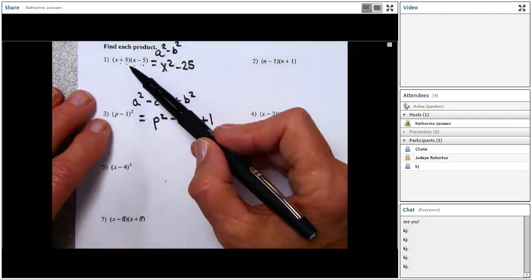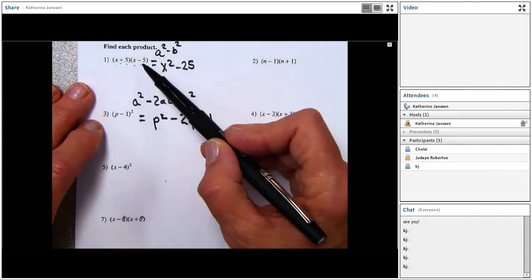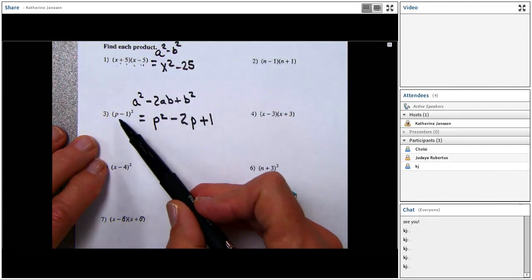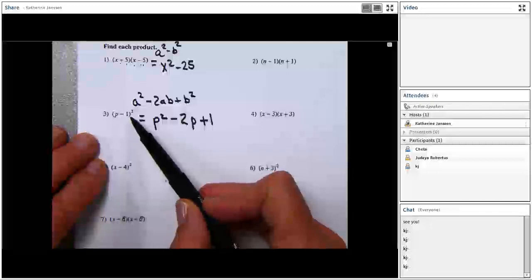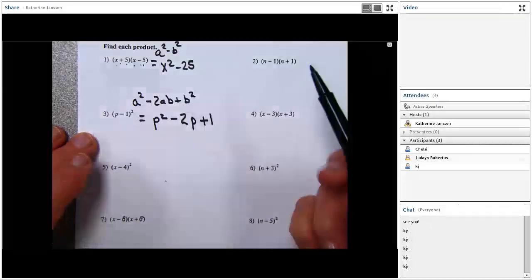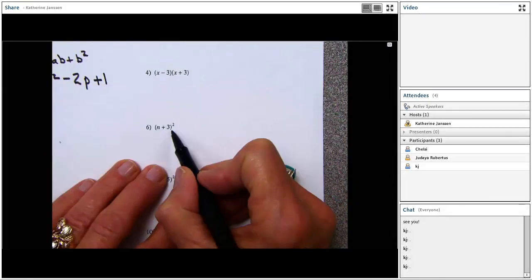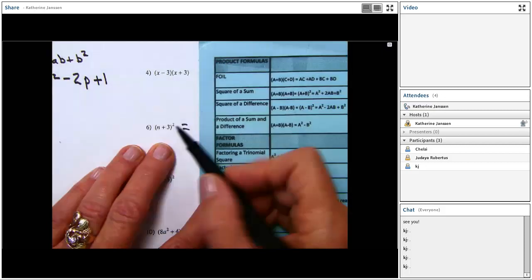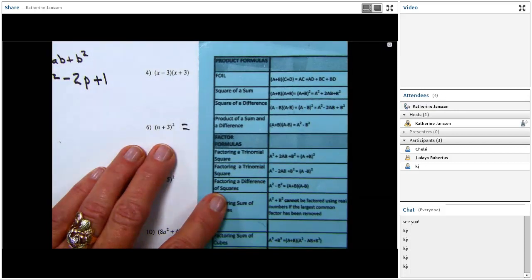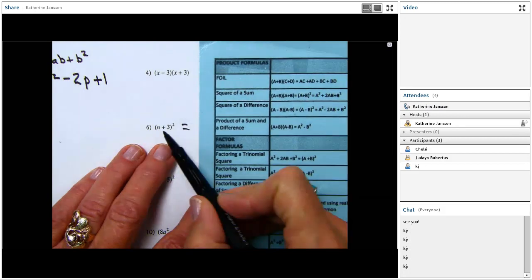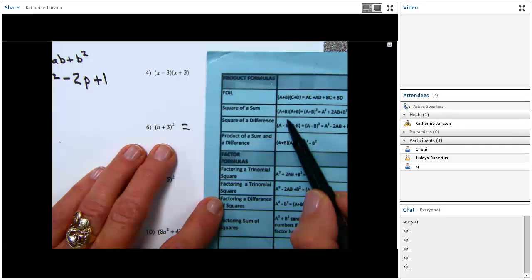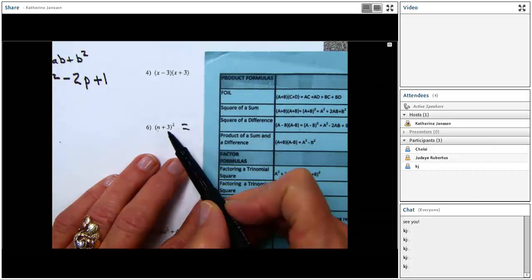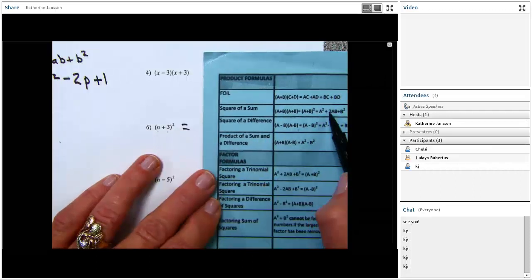So here we have the product of a sum and a difference, the square of a difference, and here we have the square of a sum. It's a binomial times itself twice, so I know I have a binomial times a binomial. I have the square of a sum. The first two terms will be the same, the last two terms will be the same, and I'm adding.